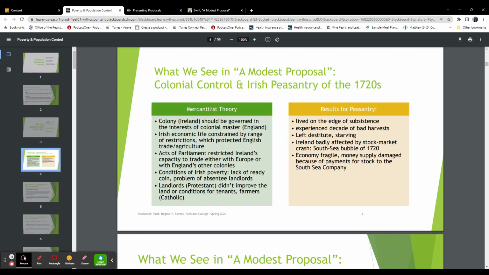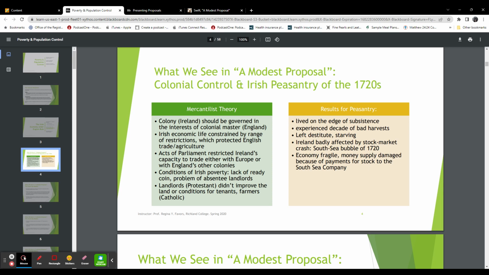Okay, so mercantilist theory: a colony should be governed in the interest of the colonial master. Irish economic life was constrained by a range of restrictions which protected English trade and agriculture. Acts of Parliament restricted Ireland's capacity to trade either with Europe or with England's other colonies.